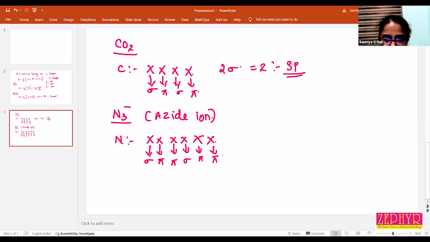The pi bond is not calculated. Finally, it is 2 sigma, which means it is also sp hybridized.